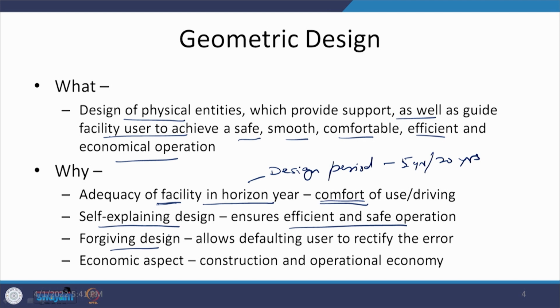Another requirement is that the design should be forgiving in nature. What that means is that there should be features within your design so that if any vehicle makes an erroneous movement or any driver commits an error, there is scope to rectify it within the time frame, so that it does not culminate into a hazardous situation, or there is no major injury or fatality because of that sort of error.